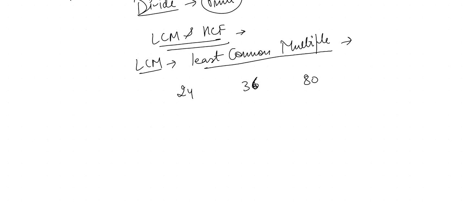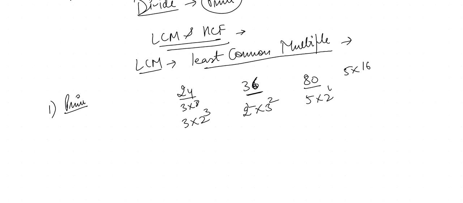We need their LCM. First step, break them into prime factors. 24 is 3 into 8. 8 is not prime, so 3 into 2 cube. 36 is 4 into 9, 2 square into 3 square. 80 is what? 5 into 16. So 16 is 2 raised to power 4. So break them into prime factors first of all.